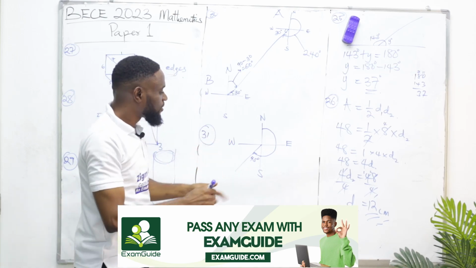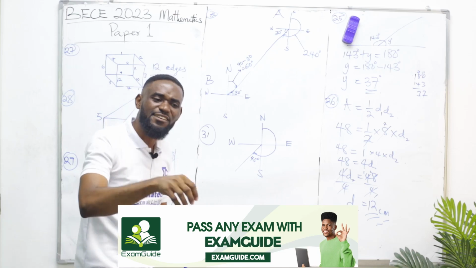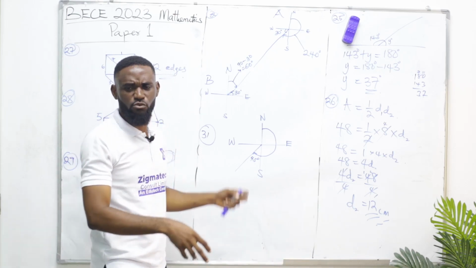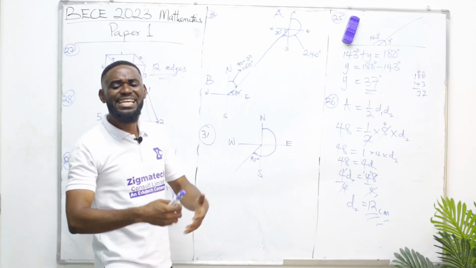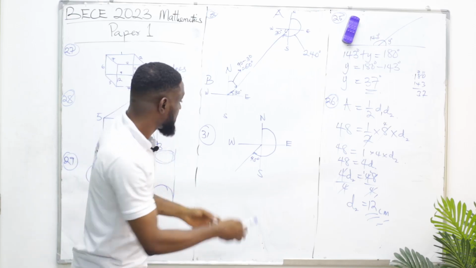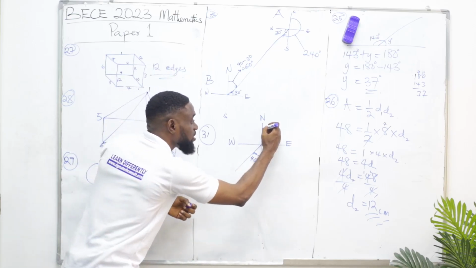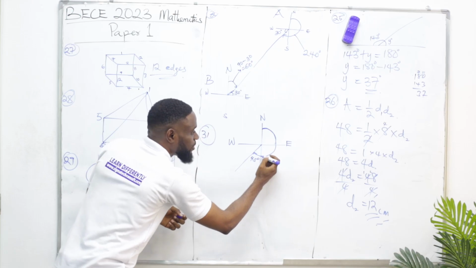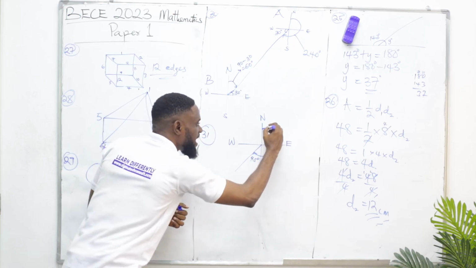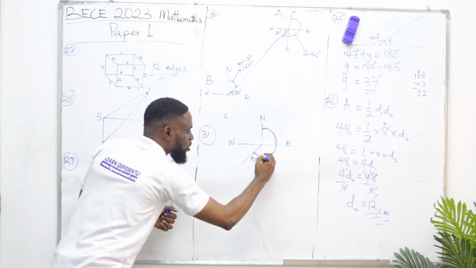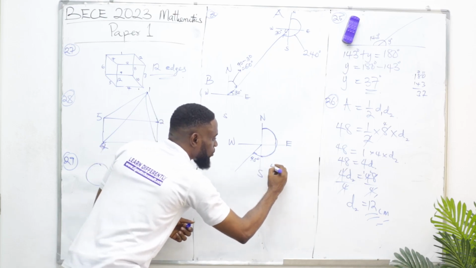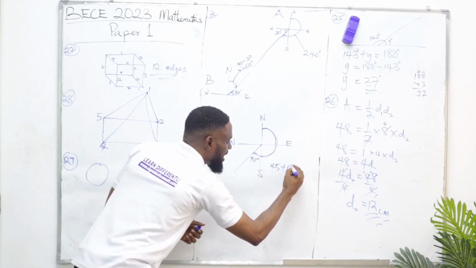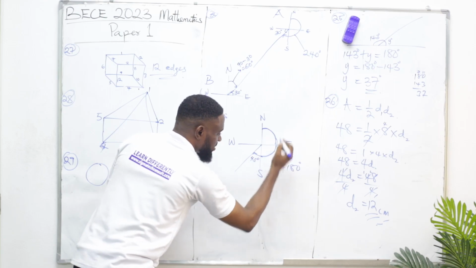But then 45 is not a three-figure bearing, it's a two-figure bearing. So to get a three-figure bearing, this is 45 plus this 90 and this other 90. So from here down to this place is what? 180. So this will be 45 plus 180 degrees.